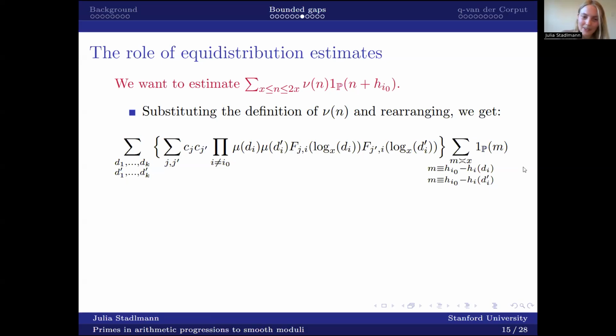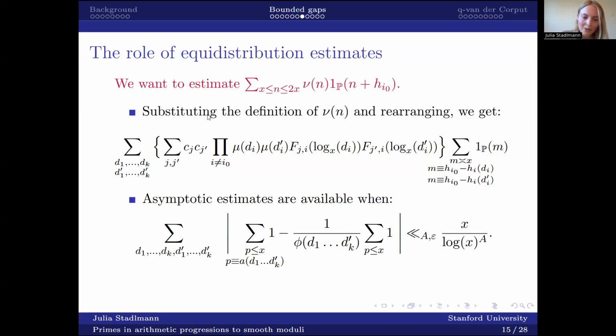So if we take this expression for nu n times the prime indicator function and want to estimate it, we replace the number of primes in an arithmetic progression by the expected number of primes, which is x over log x times phi of d1 dot dk dash, and then we try to bound the error term.